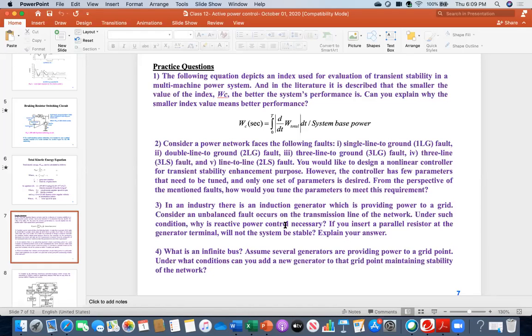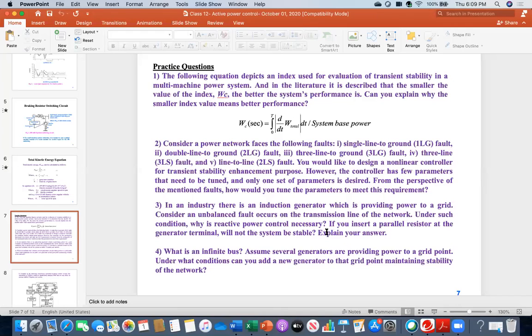So this means you need capacitor or STATCOM or SVC or synchronous condenser. Those types of equipment are needed. Now the question is, if you insert a parallel resistor, which is a braking resistor, will the system be stable? System might not be stable, depending on how much voltage goes down.